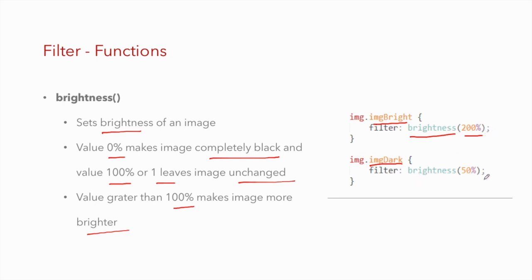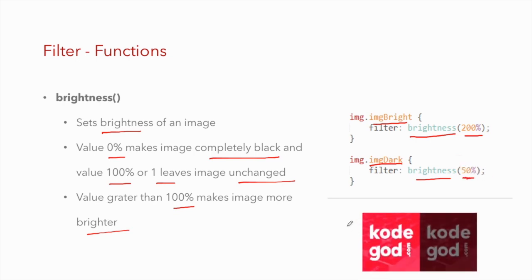And in the second one we have reduced the brightness by specifying the value 50%. So this is the example. You can see that the image is brighter, so the white tone is getting brighter than the original image, and here the white tone has got reduced, so brightness has got reduced by 50%.